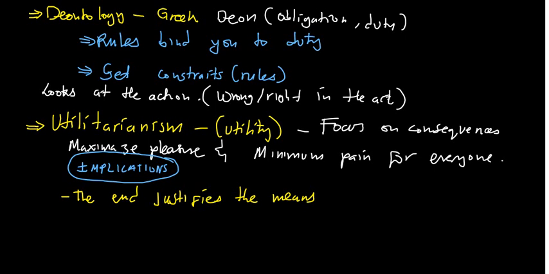Another implication of this theory is that the ethically correct or proper course of action or rule is the one that maximizes the overall happiness.